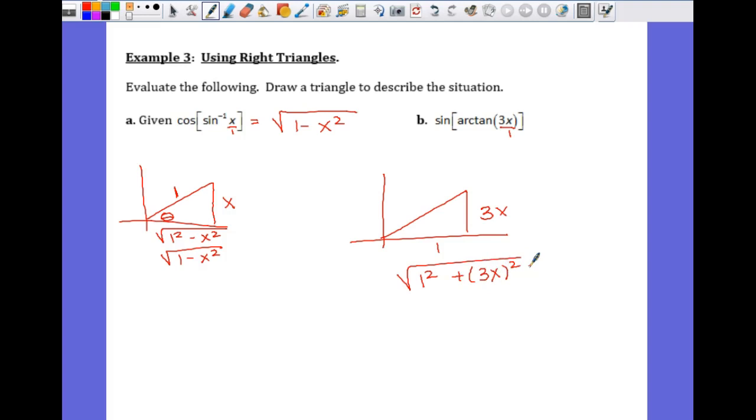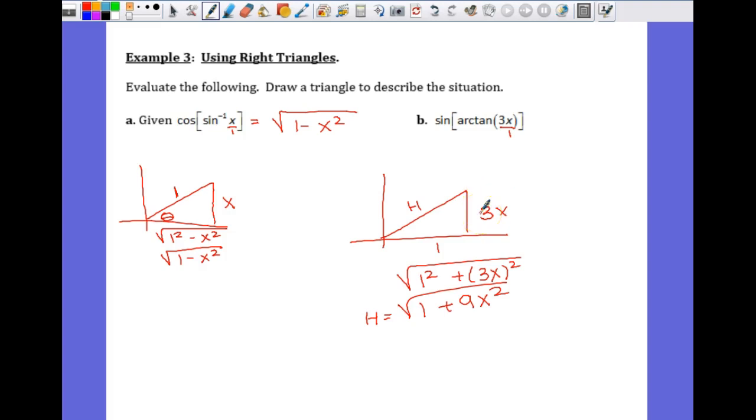So it's like 1 squared plus 3x squared. So again, be careful. It's not 3x squared. It becomes a 9x squared. And then you put that over the 1. So sine is opposite over hypotenuse.